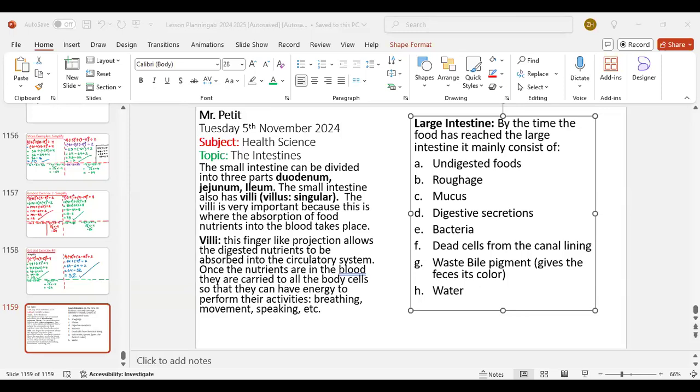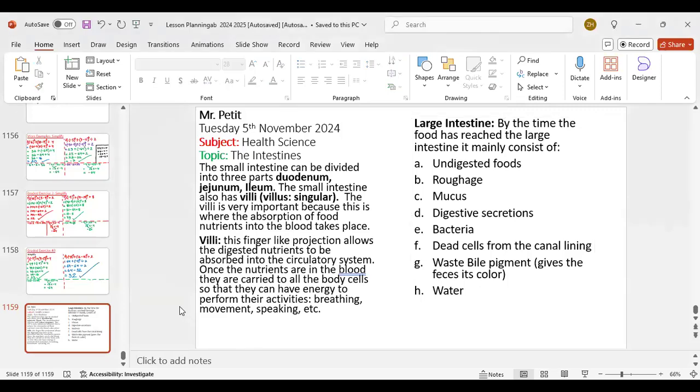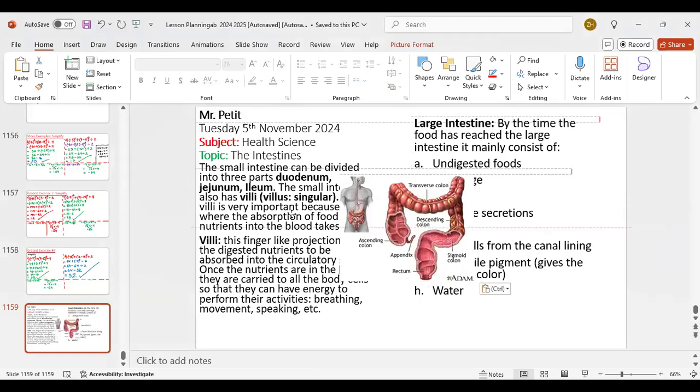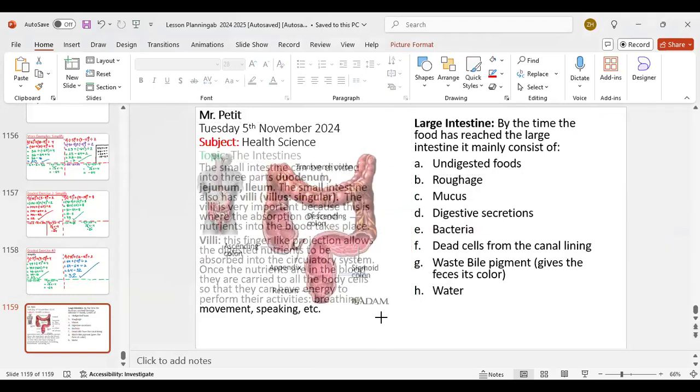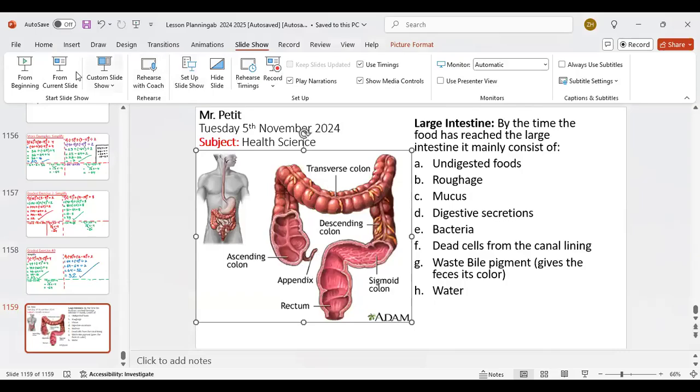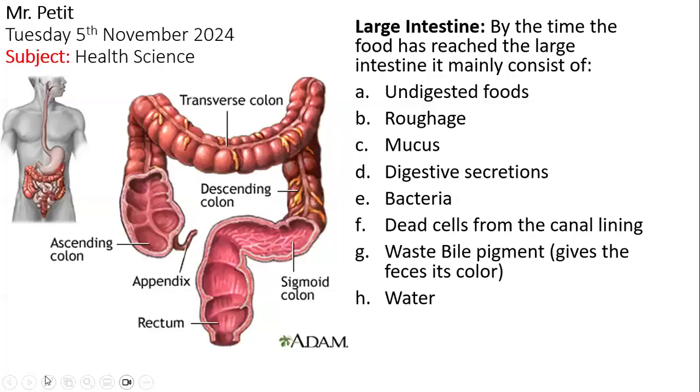Another word for that: the large intestine is also the colon. I don't know if you ever heard of the word colon. And when they say persons have colon cancer, that is the cancer of the large intestine, which is not good. So let me show you all the large intestine. This is how it looks. Pretty cool. This is the ascending colon because it goes up.